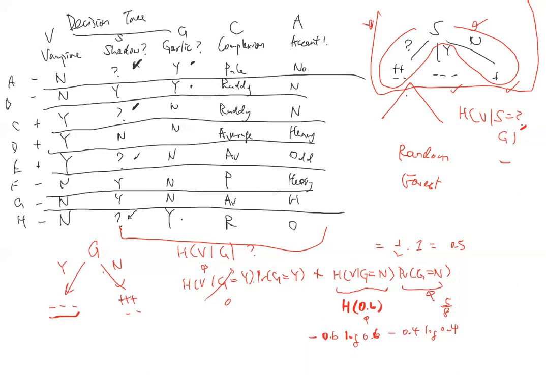So that will decide this is a vampire. So this is another whirlwind tour of some topics, like decision trees and random forests.